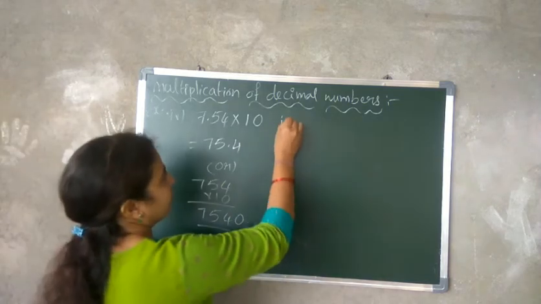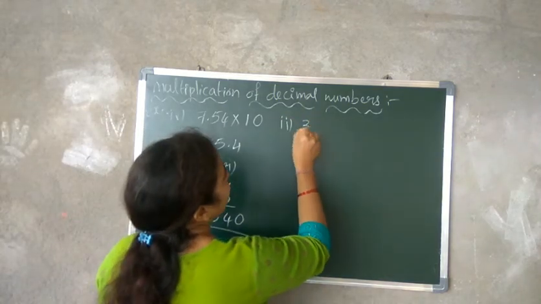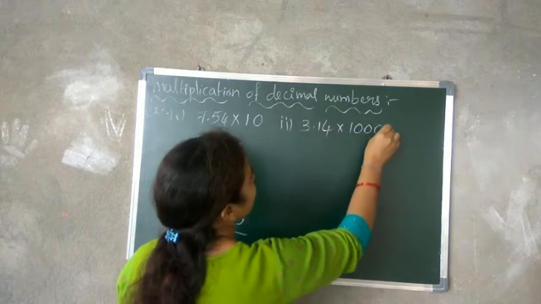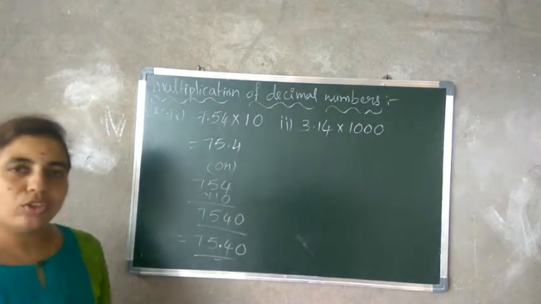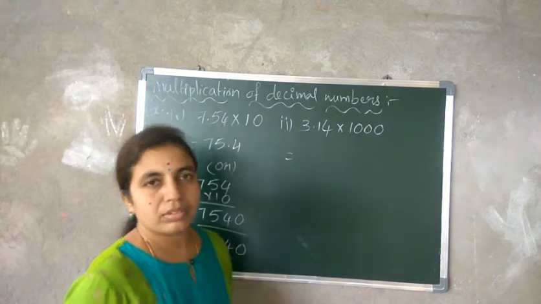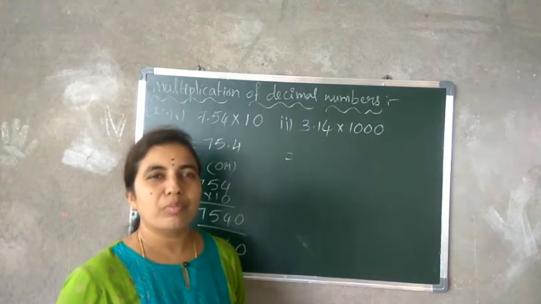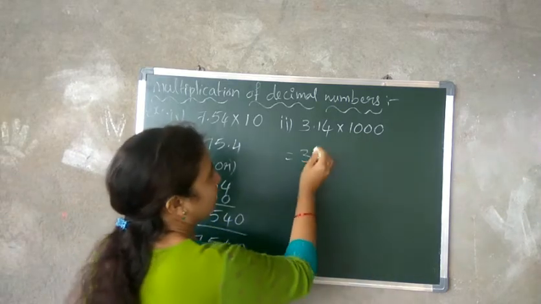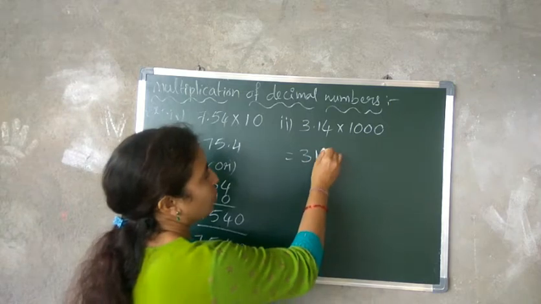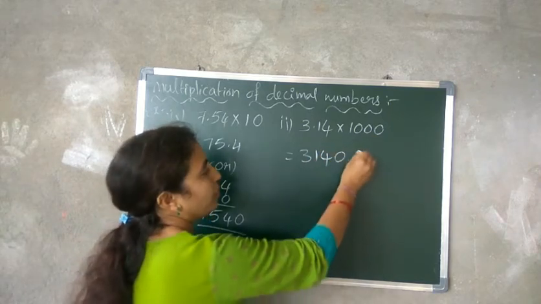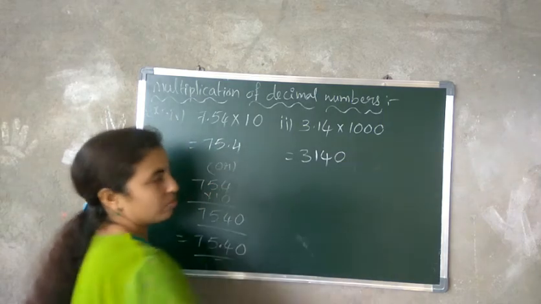If it is given like this, 3.14 into 1000, the decimal will move forward 3 digits: 1, 2, 3, and one more 0. And after the point, if you get 0, there is no need to write that 0.